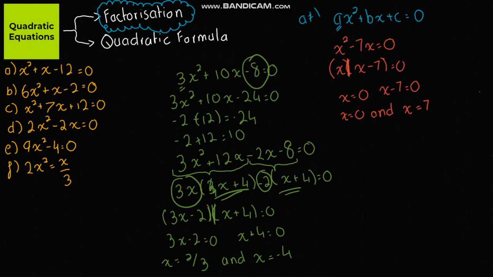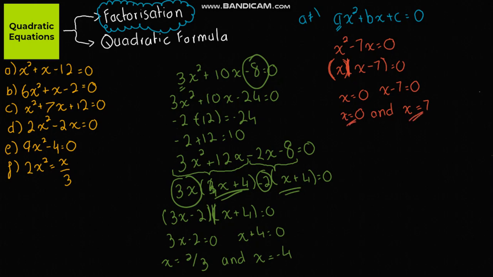Again, we factorized it. When we did, we get x multiplied by x minus 7 is equal to 0. If you put this in brackets, then you can see you can divide them into two: x is equal to 0, or x minus 7 is equal to 0, and you get these two answers.